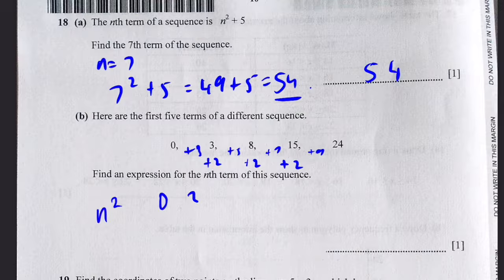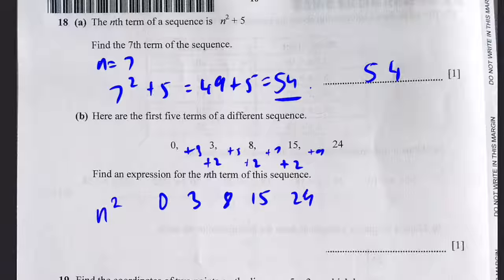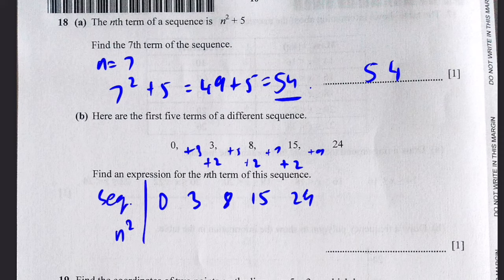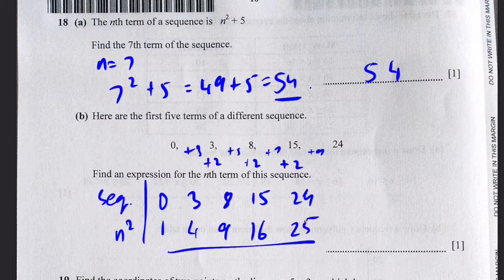So the sequence is 0, 3, 8, 15, 24, right? So we subtract this from n squared. Let's just write n squared here, and this is the sequence here. n squared will be 1, 4, 9, 16, and 25, right? So you have to do minus 1 when you subtract it.